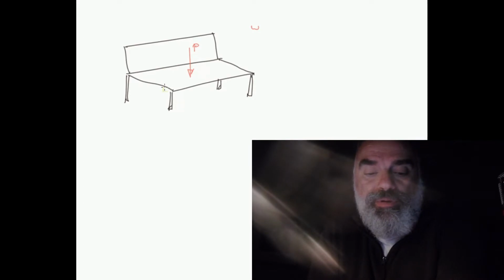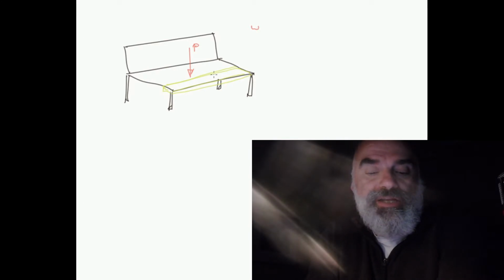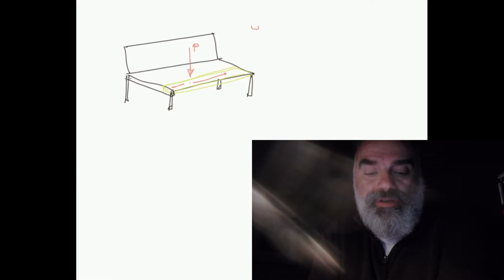So for example, we might pick a particular plank that makes up part of this bench, and that load will then have to distribute. So it comes in at this point here, and it has to distribute towards where this plank is supported, which would be typically at the ends. And we may have another structural element which is a stiff down stand, and we might have one where each of the legs are.